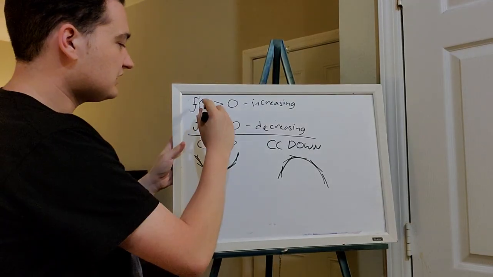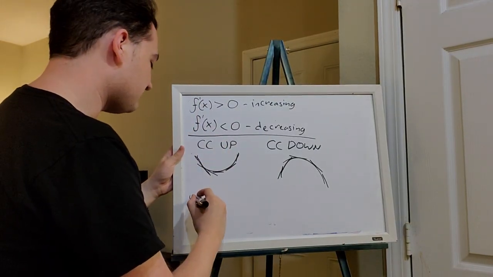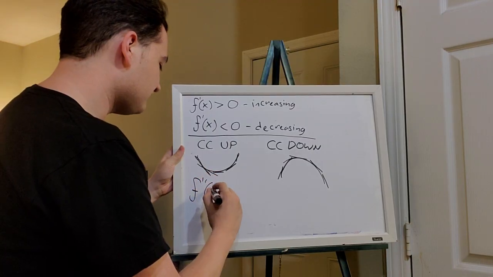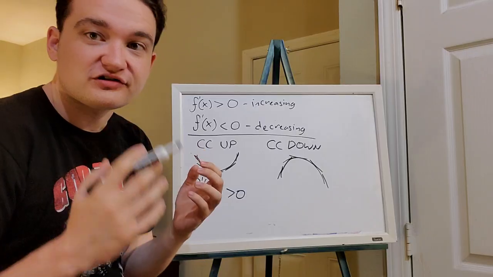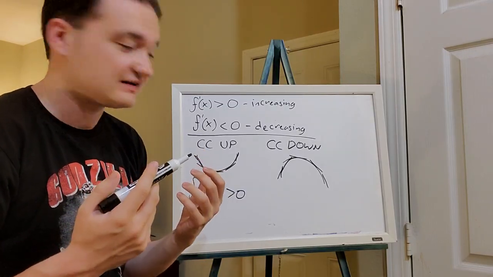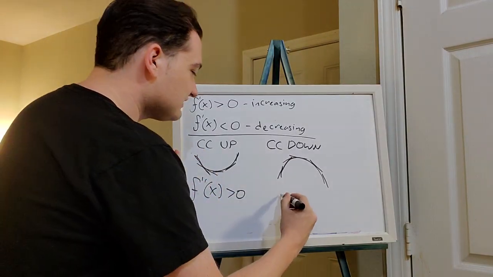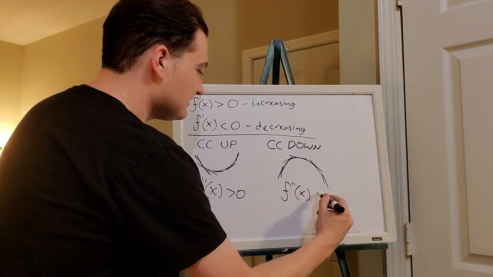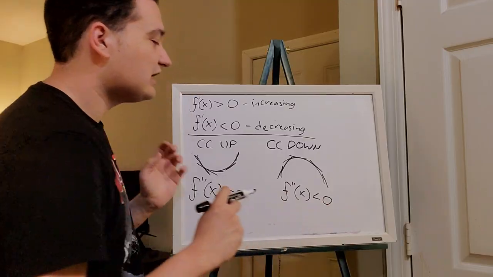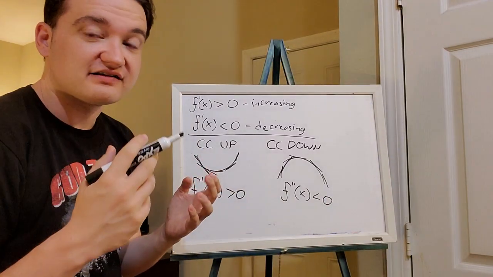So, we are concave up if the second derivative is bigger than 0, if our slope is increasing. And we're concave down if our second derivative is less than 0, if our slope is decreasing.